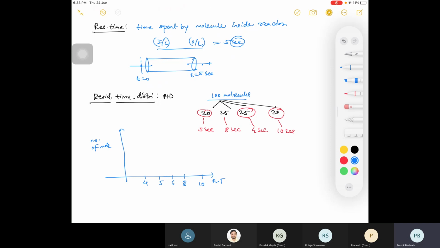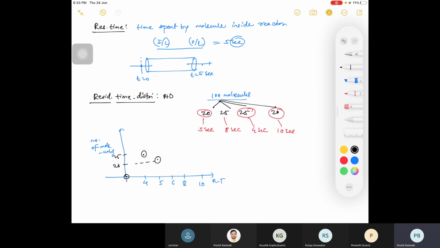So what is your distribution? At 4 seconds, how many molecules? 25 molecules. Suppose this is your 20, this is your 25. So at 4 seconds it is 25 molecules. At 0 it is 0. Then at 5 seconds you have 20, approximately 20.